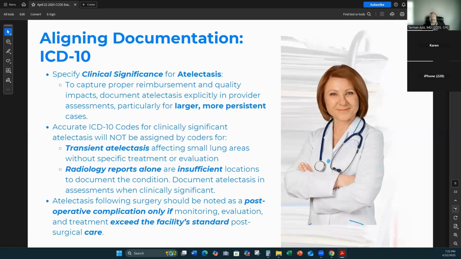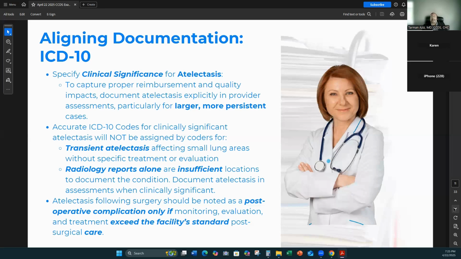How would we know it's clinically significant? Well, CDI specialists and coders are very astute at teasing out the details from the medical record, but we're not able to make that conclusion alone. We can't simply look at a radiology report and say, that's good enough. The radiologist is a physician. They've said it's significant atelectasis. We need the provider for the admission. Radiologist is not technically a provider, even though they're a physician.